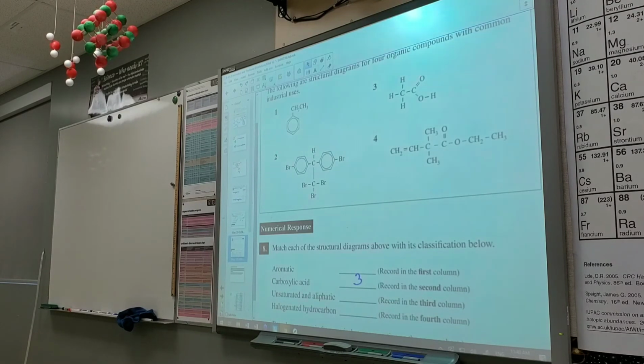What is unsaturated? It has a double bond or a triple bond, so it's not at natural capacity. But remember, unsaturated is carbon-carbon double or triple bonds. You're just looking for aliphatic or unsaturated.